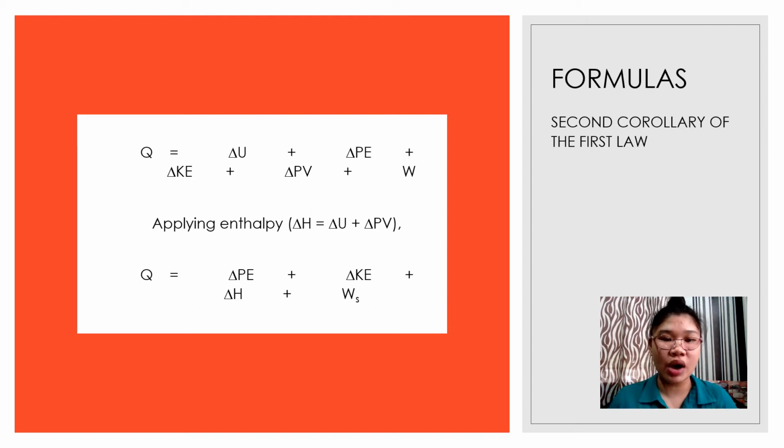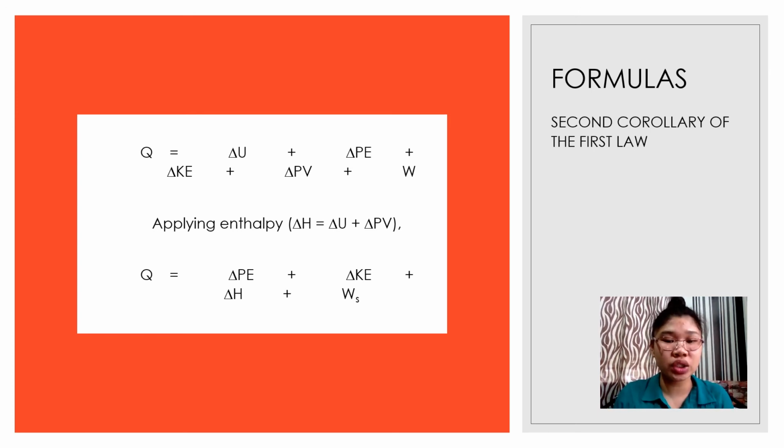Our Q, or our heat formula, is change in internal energy plus change in potential energy plus change in kinetic energy plus delta PV, that is pressure volume, plus work. With the concept of enthalpy, delta H, the change in enthalpy, is equal to change in internal energy plus change in pressure volume, PV.